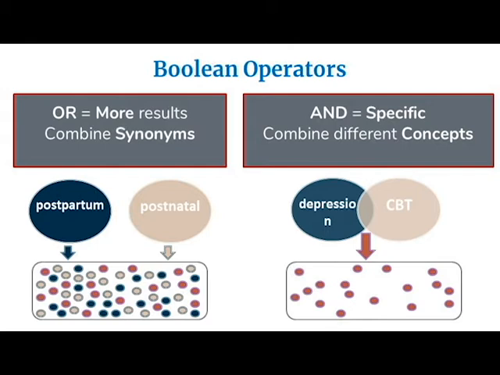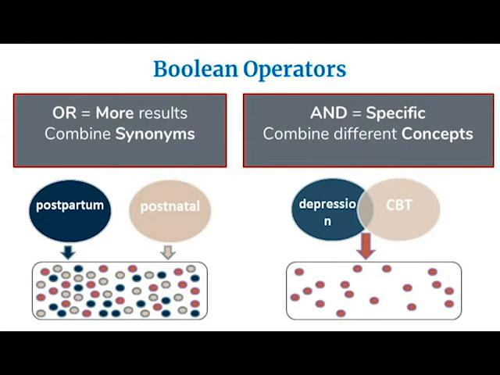What does or mean? If you do a search for postpartum or postnatal, you will get articles that are about postpartum and that are about postnatal. So if you think about your Venn diagrams from mathematics, or is the union. That's when it's one or the other. So we have more literature, but it may not be connected in our question.